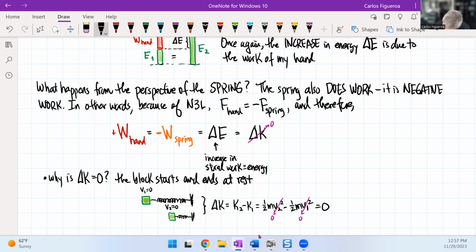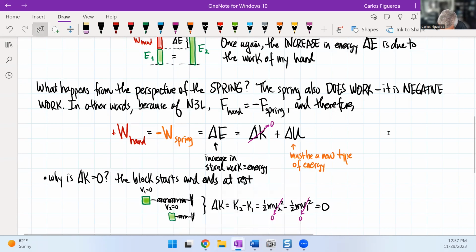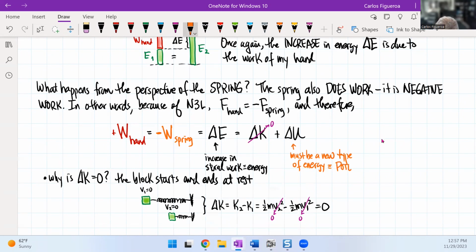So what this concludes is that there must be a new type of energy. And this is what we call potential energy.